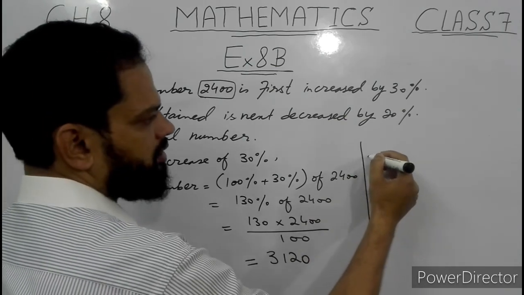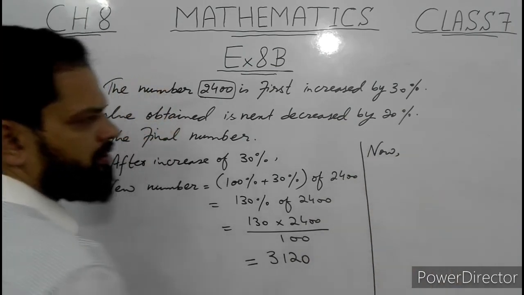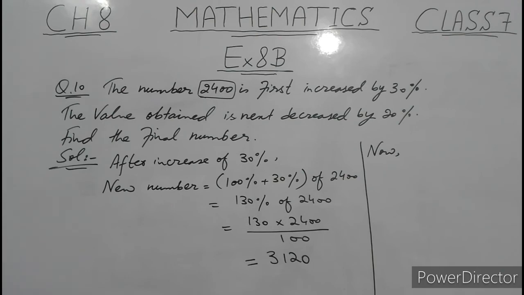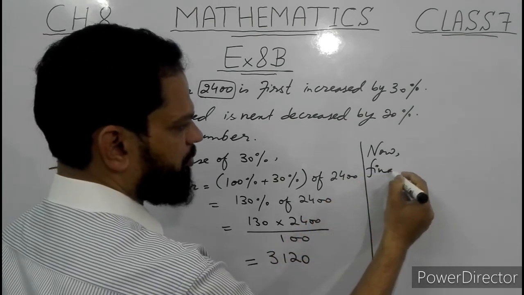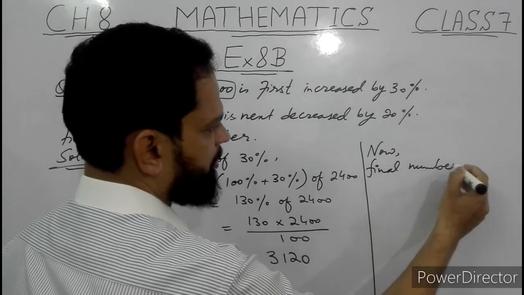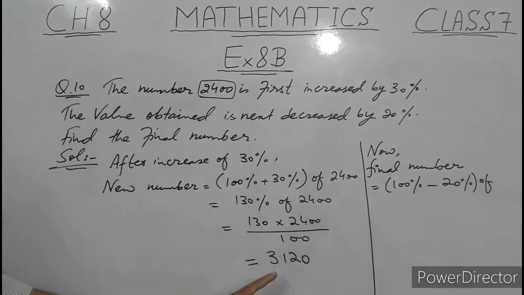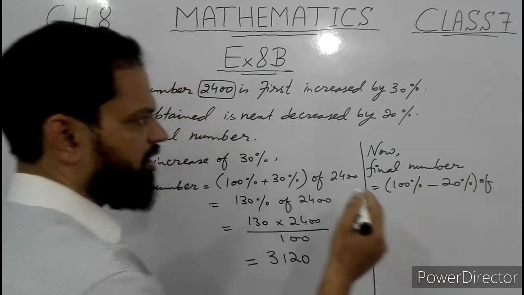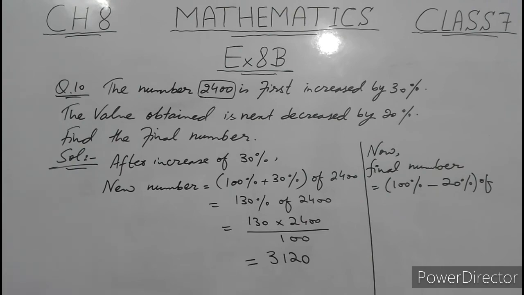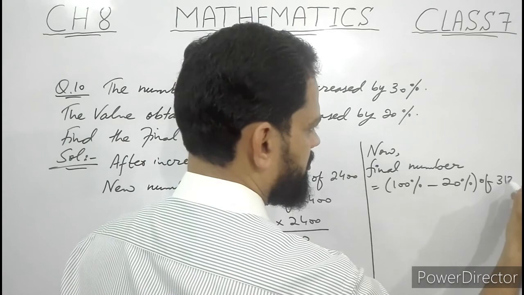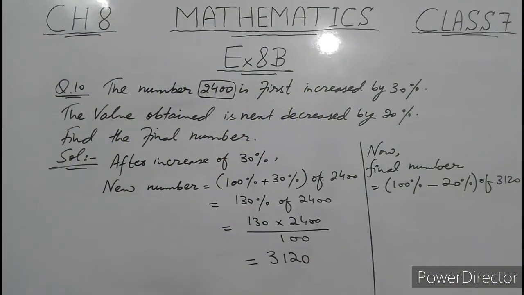Now, by the decrease of 20%, the final number will be 100% minus 20% of the value obtained, because we are decreasing the value obtained by 20%. 100% minus 20% will become 80%.